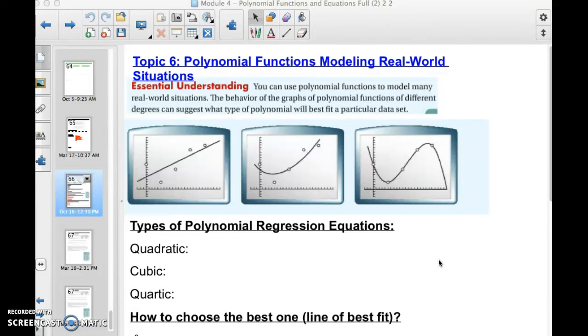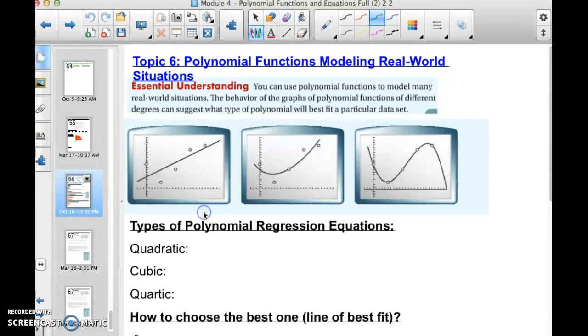If you notice here, there are three pictures given to you, 1, 2, and 3. The first one is linear. That linear line goes in between all these dots, and it's really close to this dot.